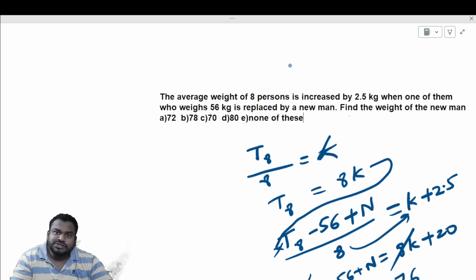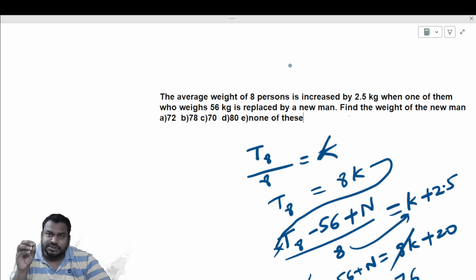Average means distribution. Average means it is considered for all the members. Total weight of all the members divided by 8 is nothing but the average. So the average increased by 2.5 means this 2.5 should be given to everybody, all the 8 members. Then only the average is increased by 2.5.